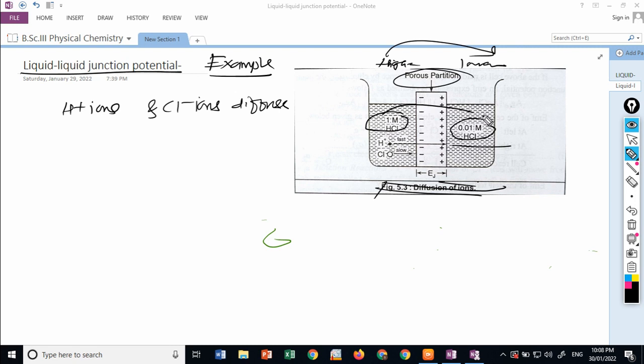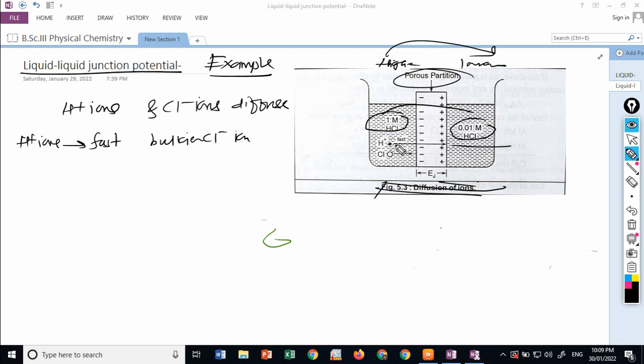Now the H plus ions, which are smaller in size, move faster than the bulkier Cl minus ions. If you see the size of the H plus ion, it is very small compared to the Cl minus ion. So obviously the H plus ions will move faster than the Cl minus ions.